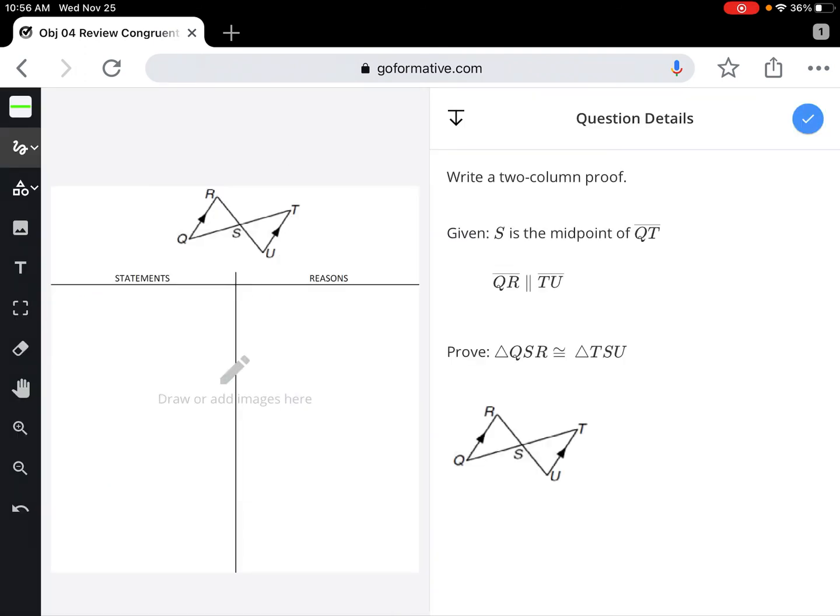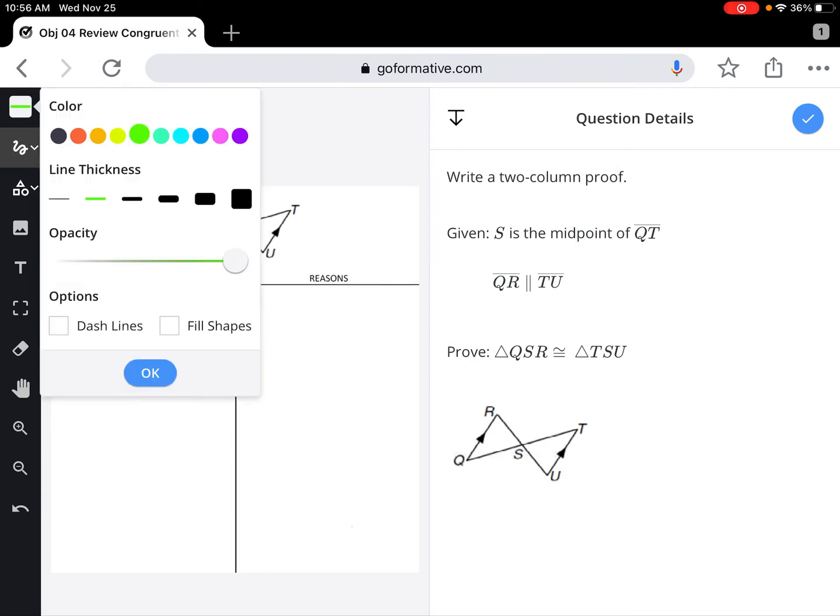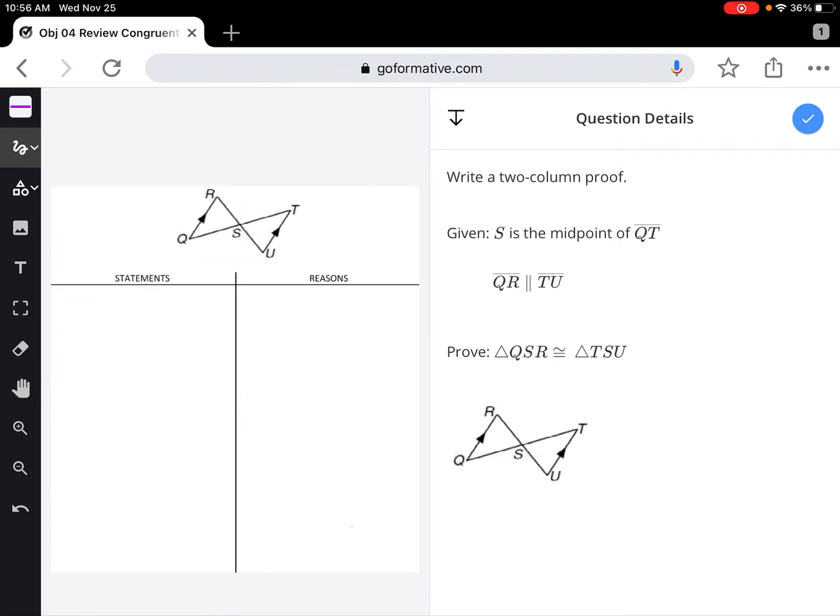Okay, so let's go through this proof together. All right, a two-column proof. It's given that S is the midpoint of QT, that's given.